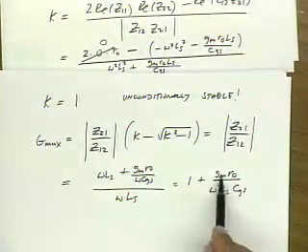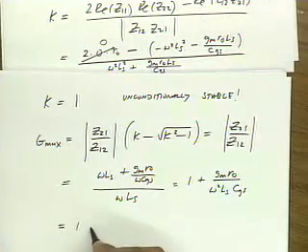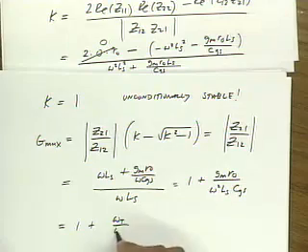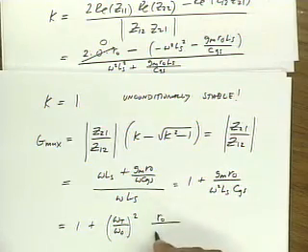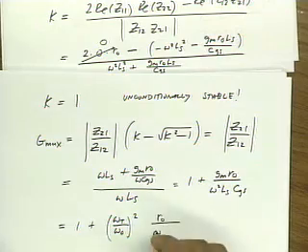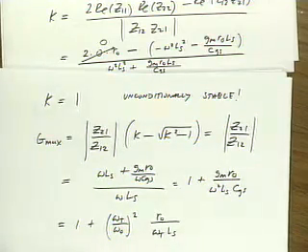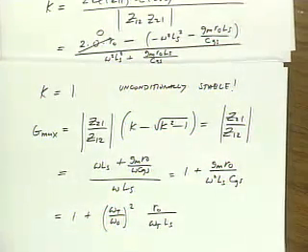And I can substitute for gm over Cgs. So I can write this as 1 plus omega T over omega naught squared divided by Ro over omega T Ls. Okay? So this is the maximum gain I can get out of this device.